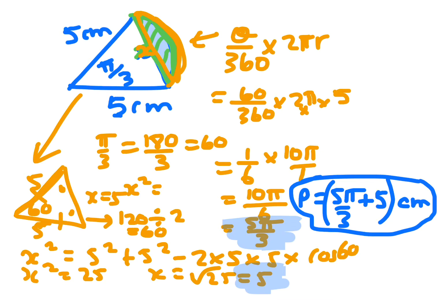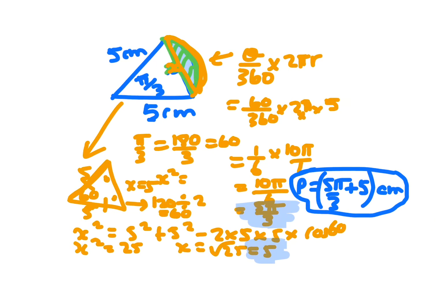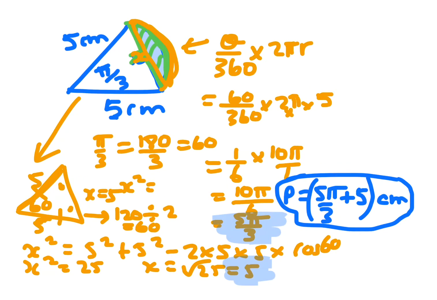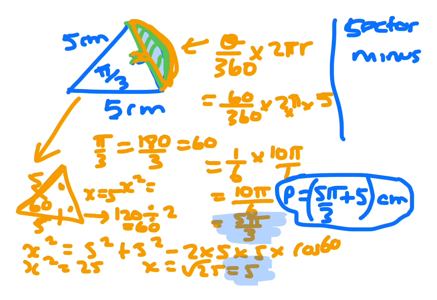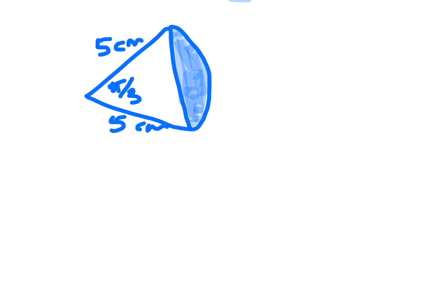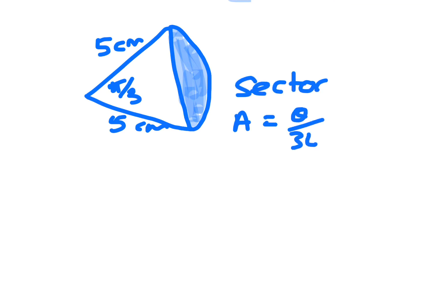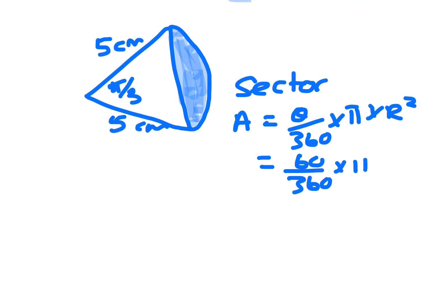If you wanted the area of that segment, you have to do the area of the sector, and then you'd minus the area of the triangle. So the area of the sector is theta on 360 times pi times radius squared, that's 60 on 360 times pi times 5 squared.